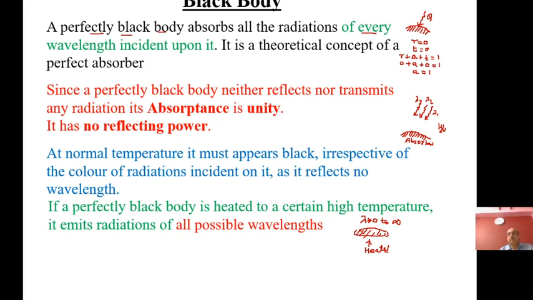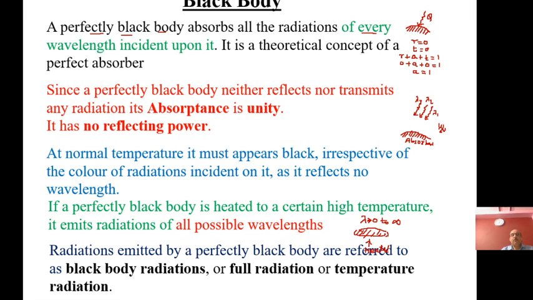This is a very important point: the black body absorbs all the wavelengths, and if the black body is heated, then it will radiate all the wavelengths, from 0 to infinity. That's why we say the black body radiation is full radiation, because if it is heated, it gives all the wavelengths. It is also called temperature radiation.